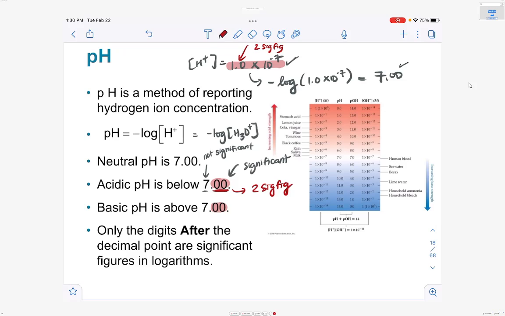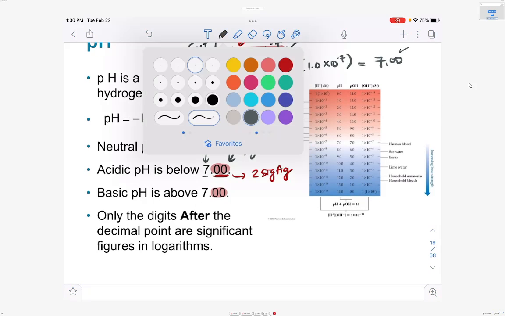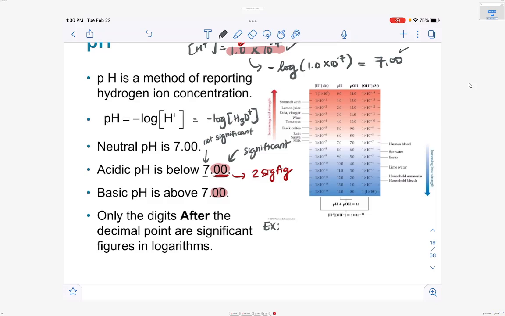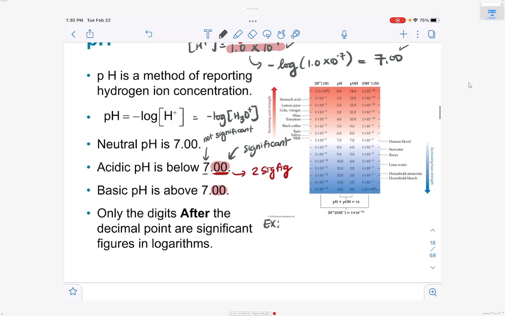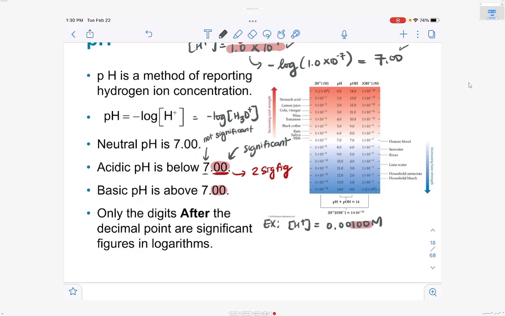Let's say, for example, calculate the pH of a solution where the proton concentration is 0.00100 molar. The original value has 3 significant figures, so the answer after taking the negative log of this value should have 3 significant figures too.